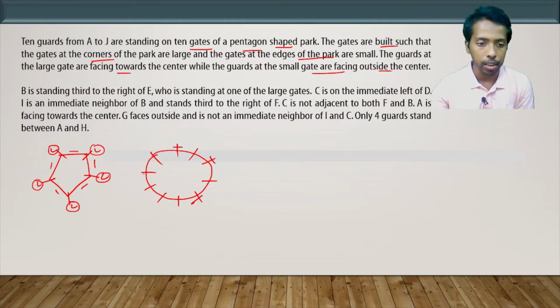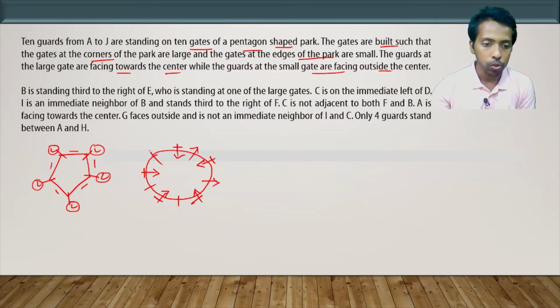I am not writing anything, but these cutting lines are the large gates, and the rest are small gates. Large gates are facing towards the center, so just mark it. These are facing the center, while the guards at the small gates face outside. So 1, 2, 3, 4 and 5.